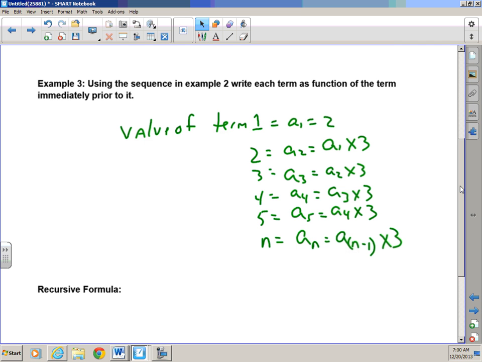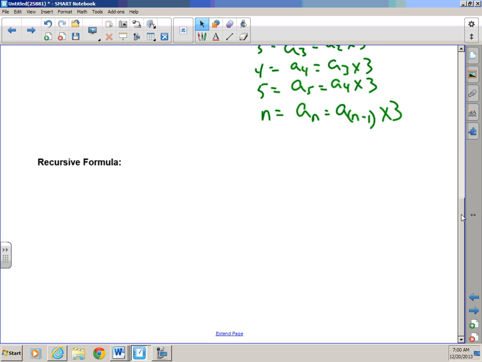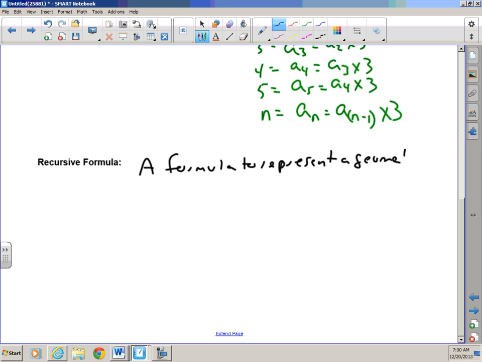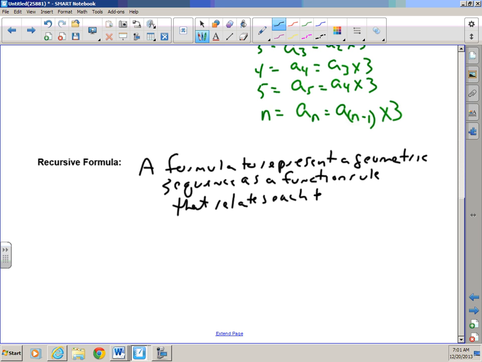Okay? So, same concept. A recursive formula is a formula to represent, in this case, a geometric sequence as a function rule that relates each term of the sequence, except for the first one, because there's nothing to relate for the first one, to the one before it.